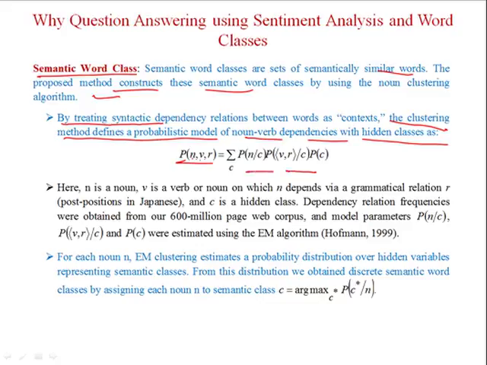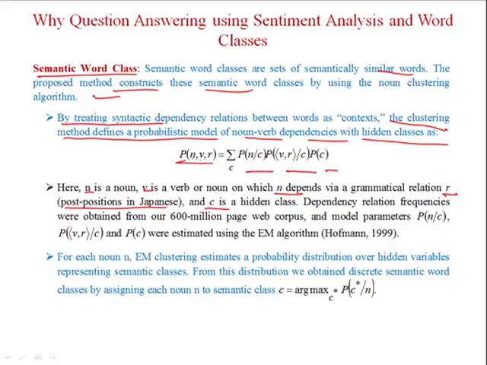Here n is the noun, v is the verb or noun on which n depends by a grammatical relation r, a postposition, which is generally used in the Japanese context, and C is a hidden class.